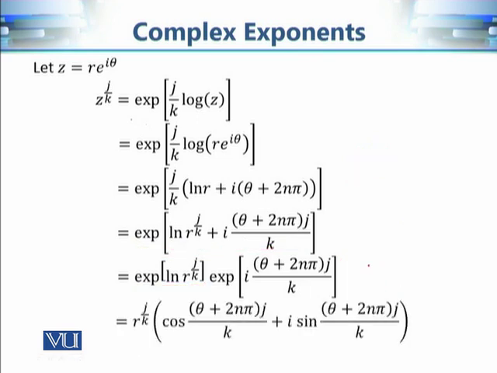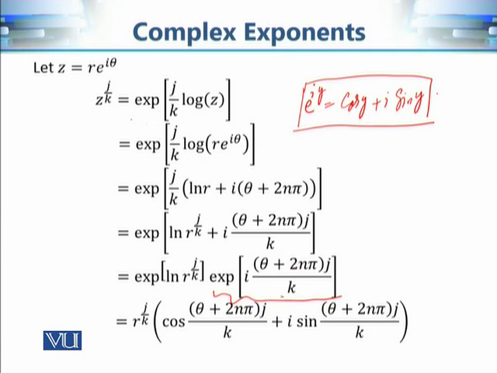Moving on, we can just use the definition of e raised to power iota y. e raised to power iota y is going to be equal to cos y plus iota sin y. This is basically the Euler formula.